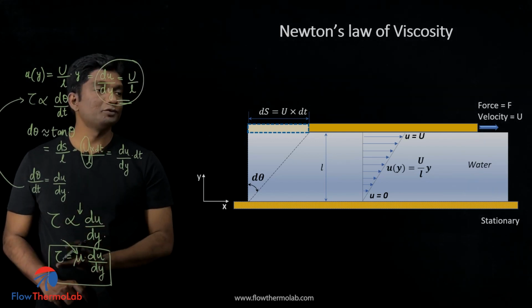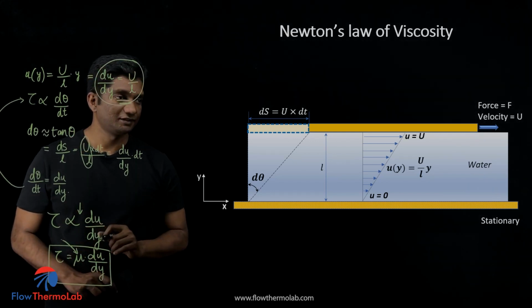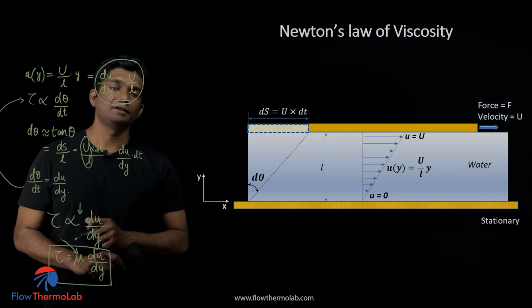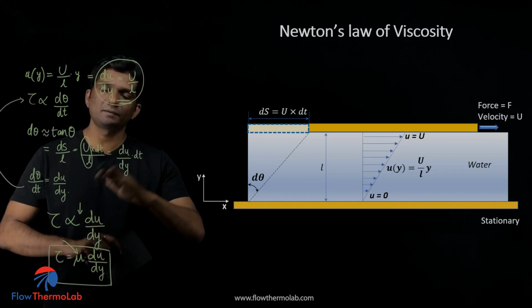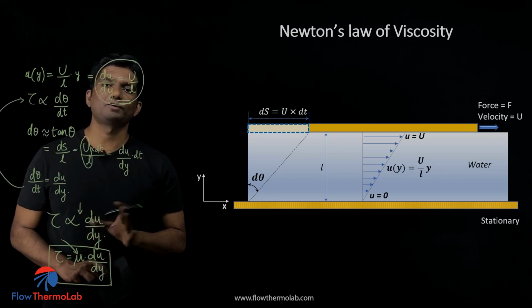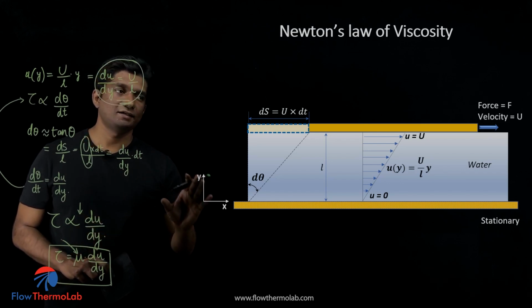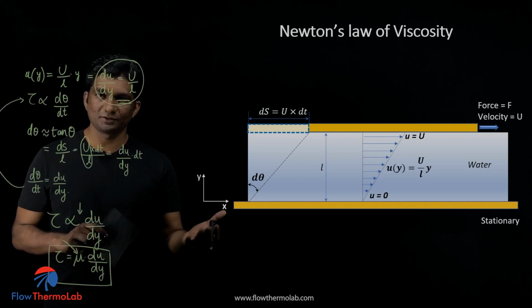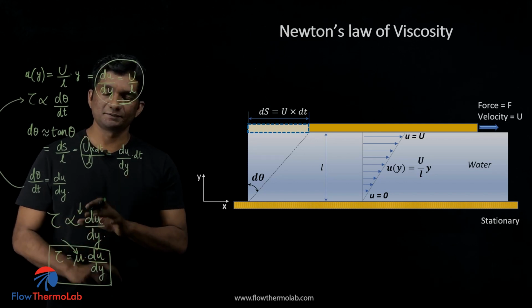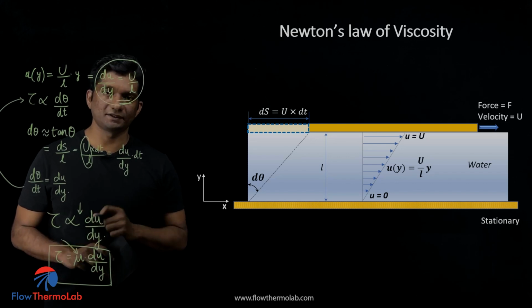Not all fluids are going to obey this law, Newton's law of viscosity. Only those fluids which obey this law are called Newtonian fluids. There are many other fluids which don't obey this law. But fortunately for us, air and water, which are usually the engineering fluids you are going to use, are Newtonian, and it's very easy for us to analyze that.